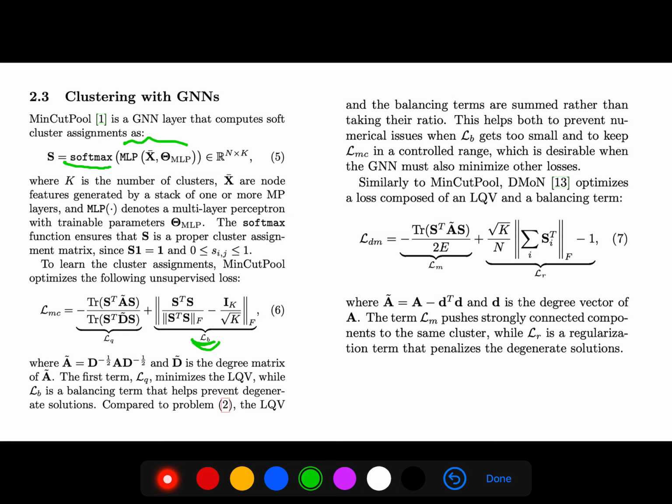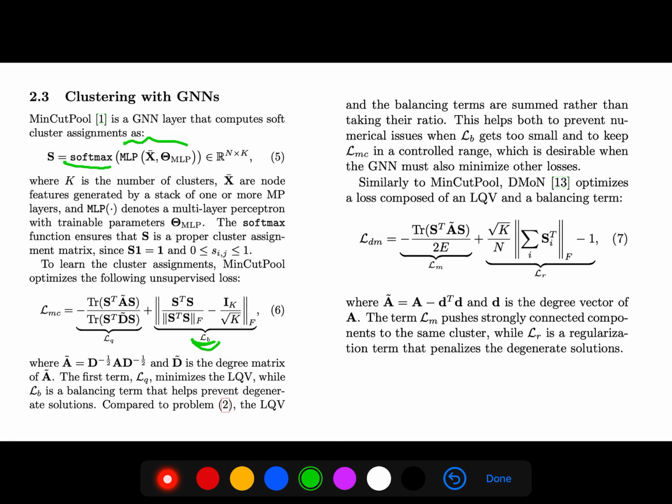Compared to problem 2, the LQV and the balancing terms are summed rather than taking the ratio. This helps both to prevent numerical issues when L sub B gets too small and to keep L sub MC in a controlled range, which is desirable when the GNN must also minimize other losses.